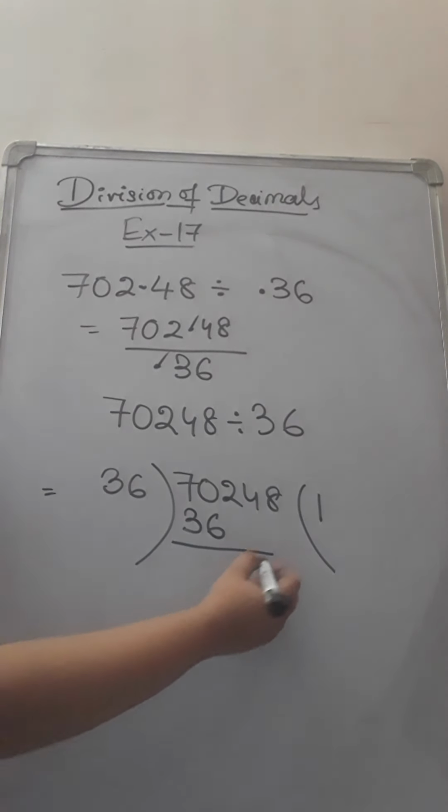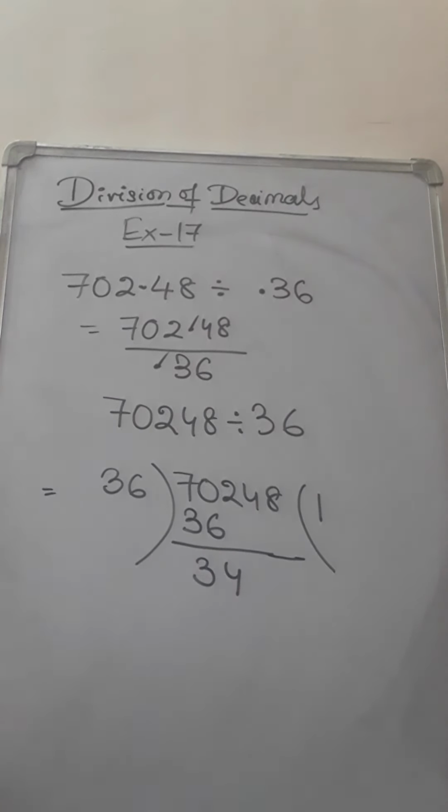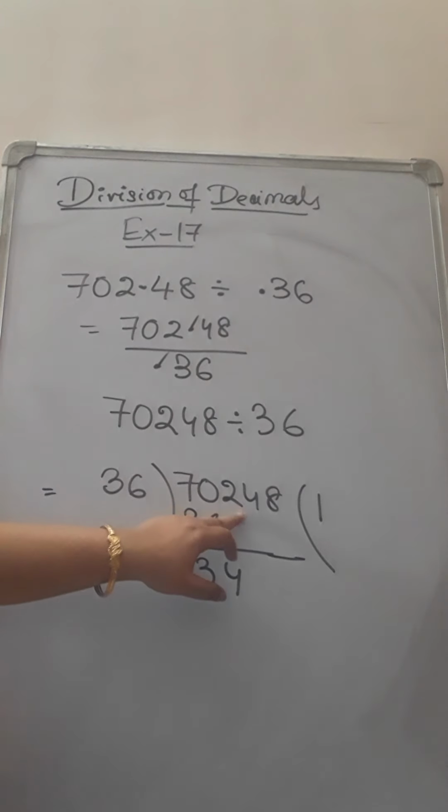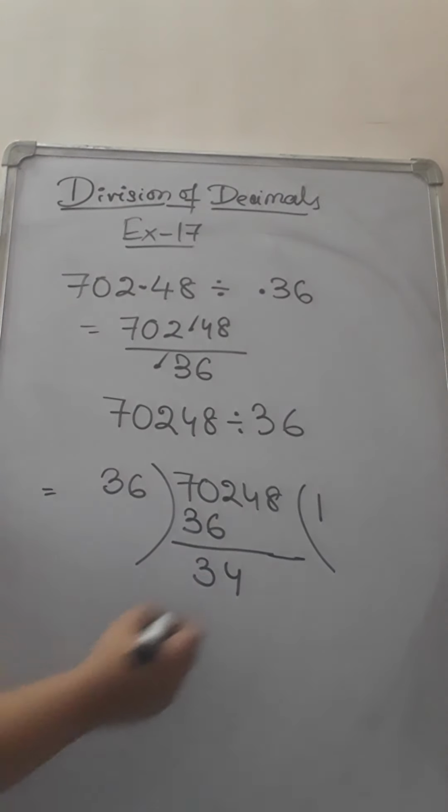Then what is the remainder? 34 is the remainder, which is lesser than 36. We cannot divide, so we have to take the next number 2.